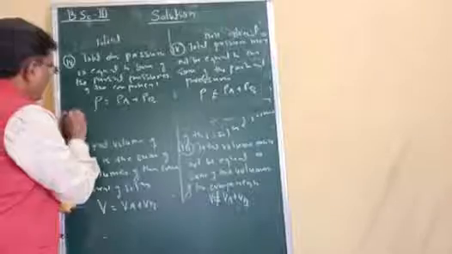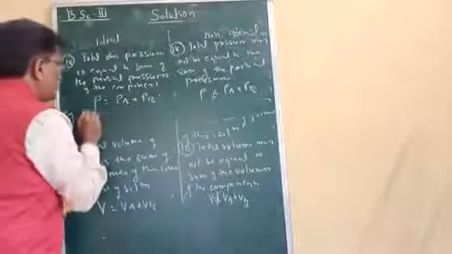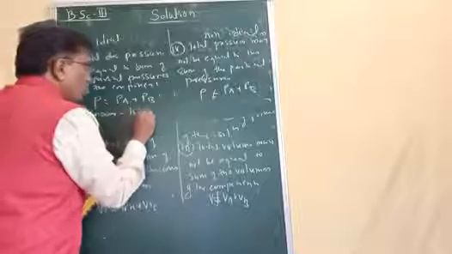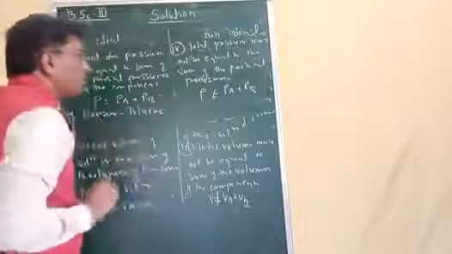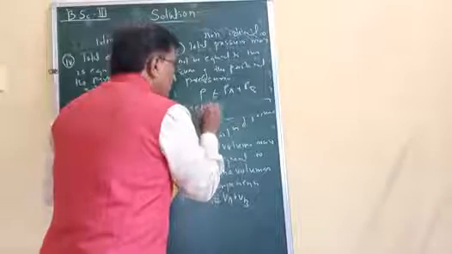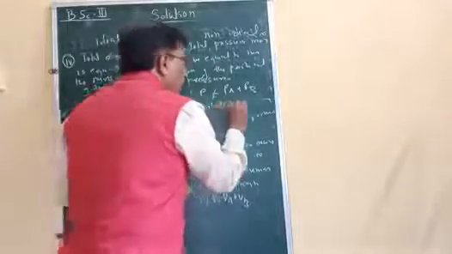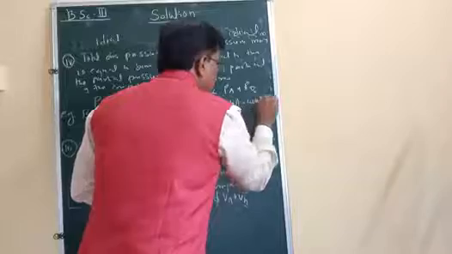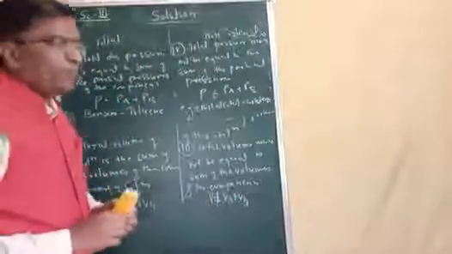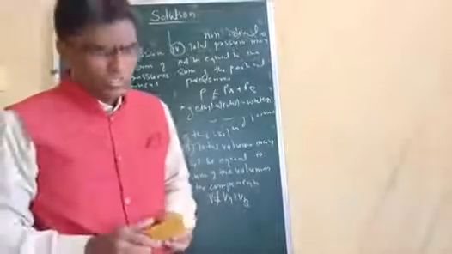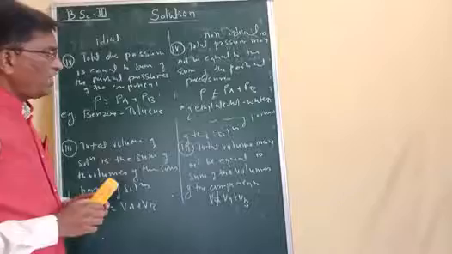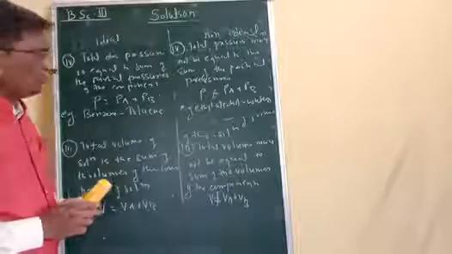Now, for example, an ideal solution is the benzene toluene system, and a non-ideal system is the ethyl alcohol water system. Now, with the help of these points, we can distinguish the ideal and non-ideal solutions.